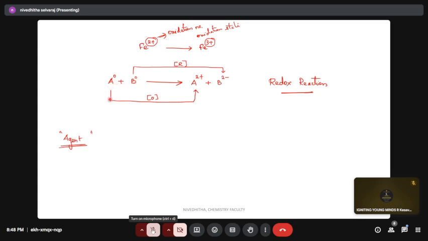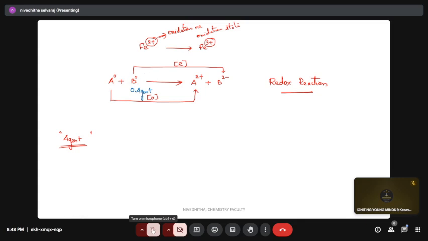So the species responsible for this oxidation is B, and B is called an oxidizing agent. You're getting my point. So the oxidizing agent will reduce itself and help in oxidizing some other species.